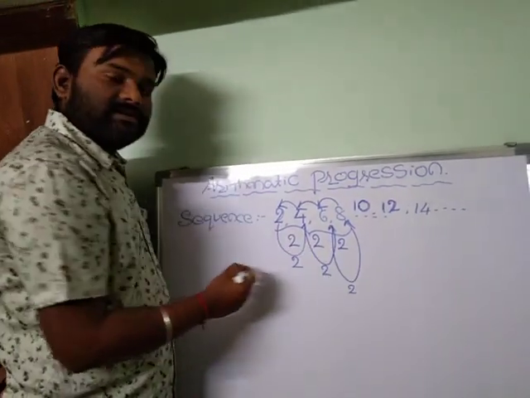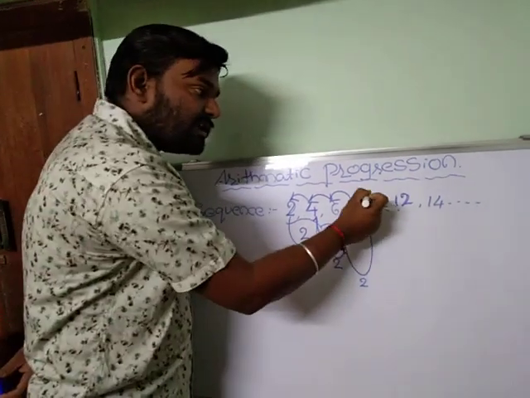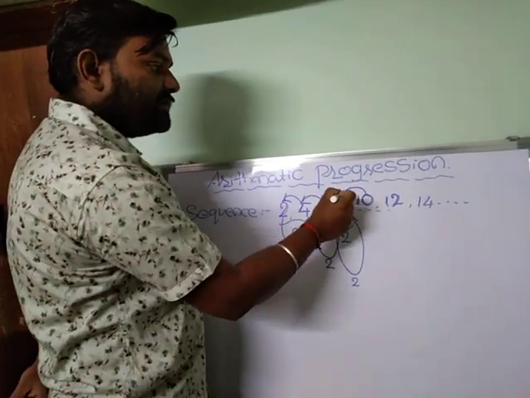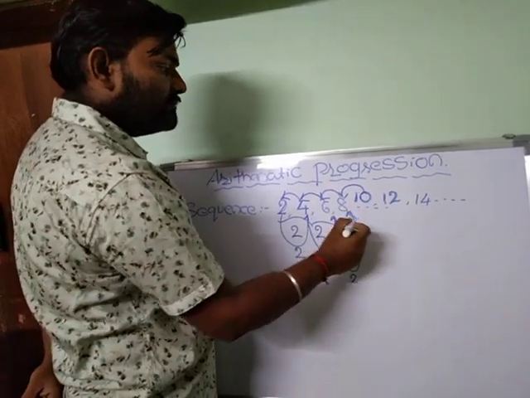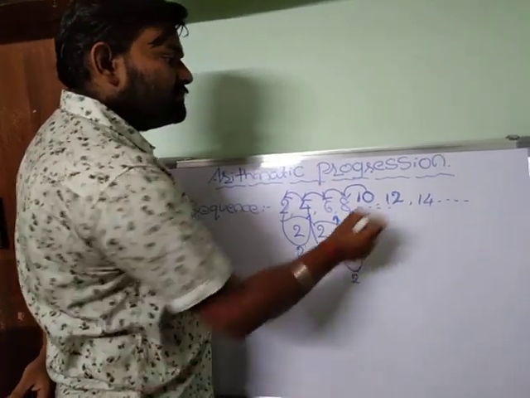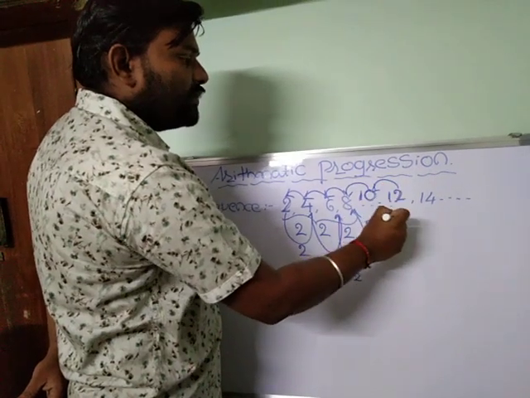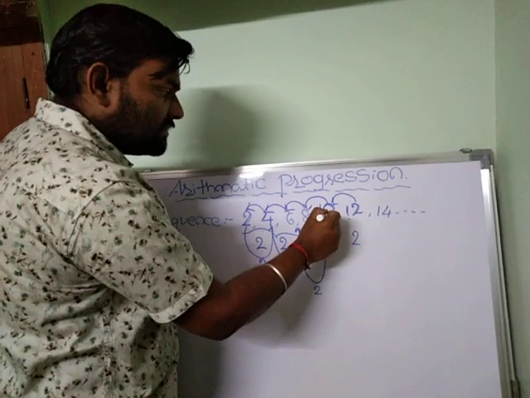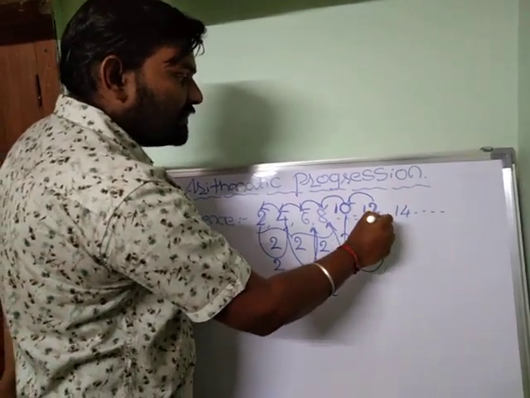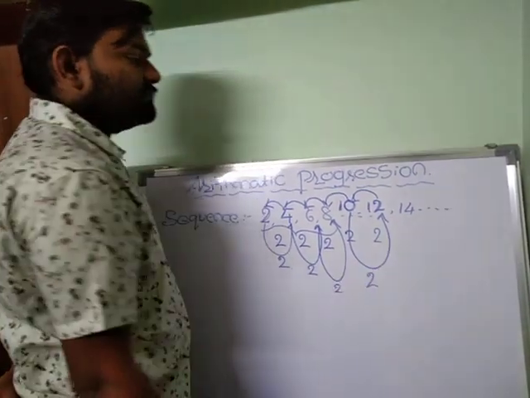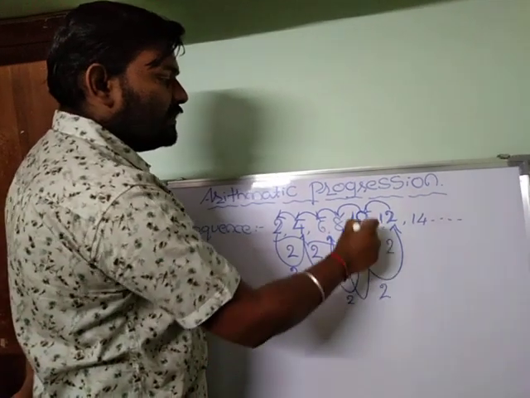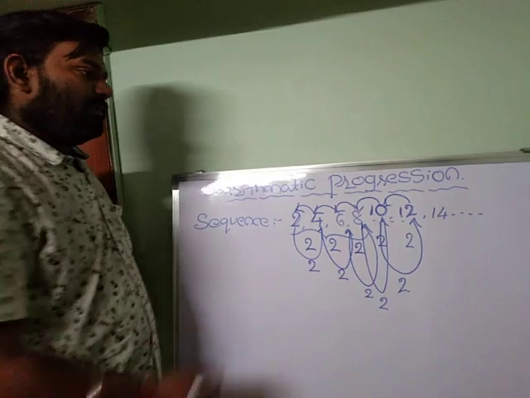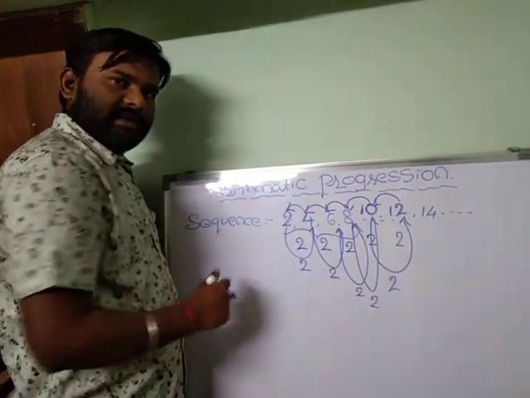This pattern helped you to write the number 10. Here also the same thing: 10 minus 8, again you get 2. 12 minus 10, you get 2. Or if you add 2 to this 10, you get 12. See, either way, you either add or subtract.